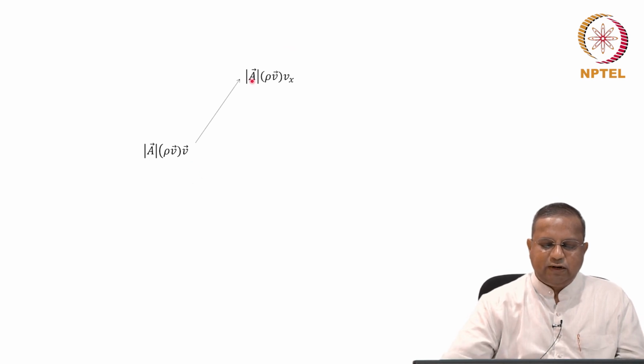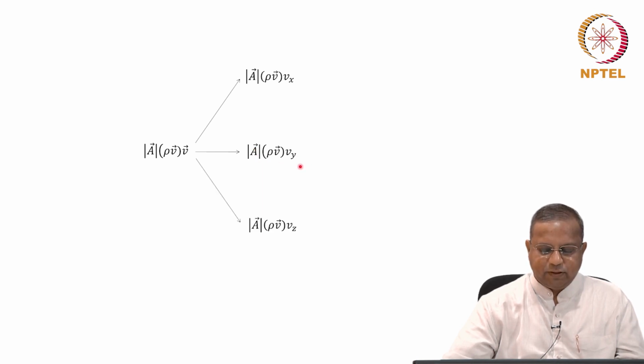This is the x coordinate, a magnitude, rho v, vx. This is the y coordinate, a magnitude, rho v, vy. And this is the z coordinate, area times rho v times vz.